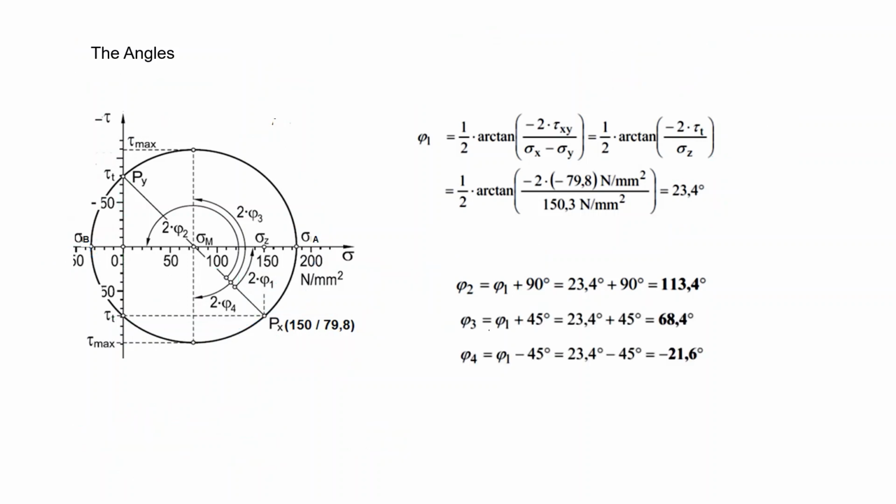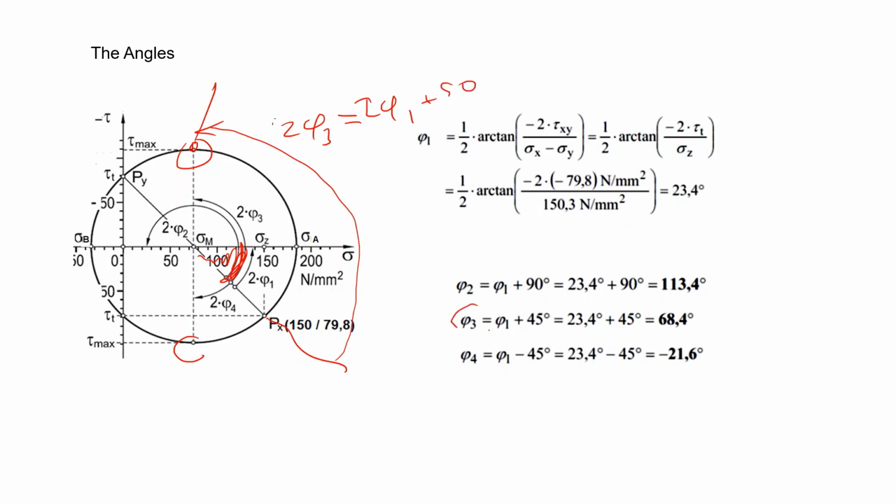Okay, orientation of the maximum shear stress planes. Let's take this point and here, starting again from the reference, you have to rotate by 2, let's call it phi 3, and 2 phi 3 equals, I know this value, 2 phi 1 plus 90, so phi 3 equals phi 1 plus 45, it's 68.